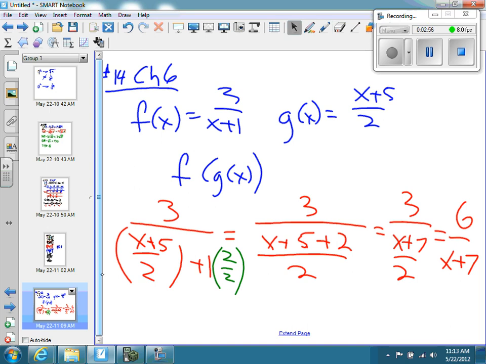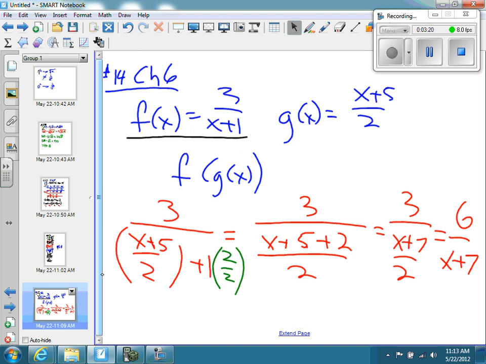Okay. The hard part to this problem is the domain. So listen carefully. If all I was concerned about was f of x, what would my domain restriction be? Couldn't be -1, right? Because if x is equal to -1, I'm going to have a 0 on my denominator.